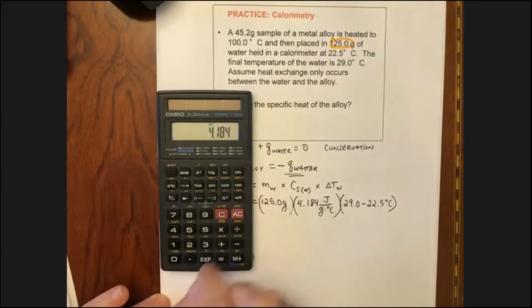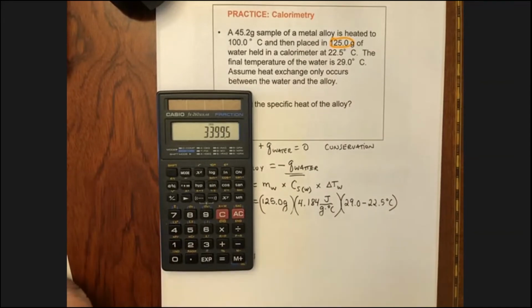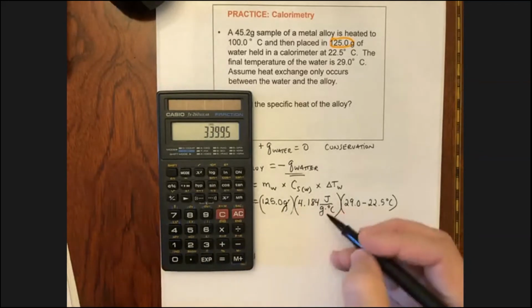4.184 times 125, okay, it's going to give me something like 3,399.5. And let's see what the units are. Grams will cancel with grams.